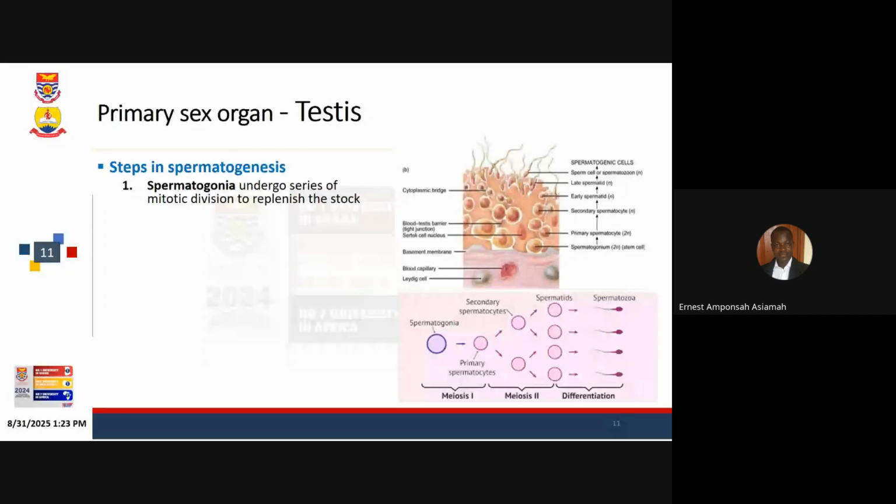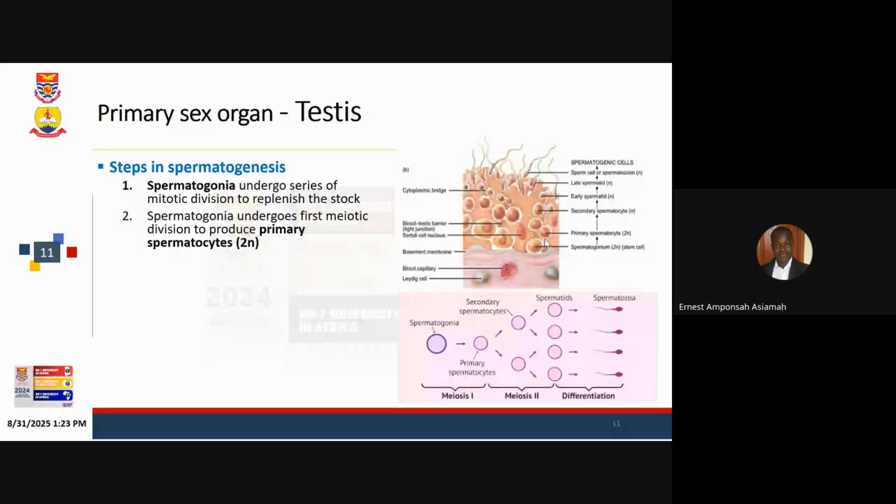So the spermatogonia divides into two, so that you have one being another spermatogonium, but another one will continue with spermatogenesis.